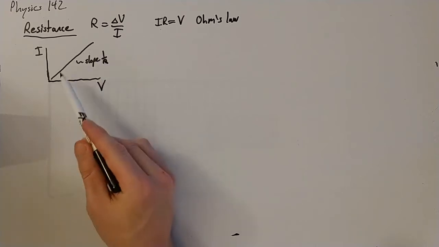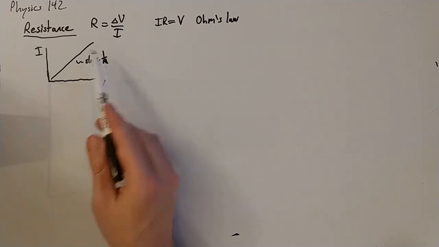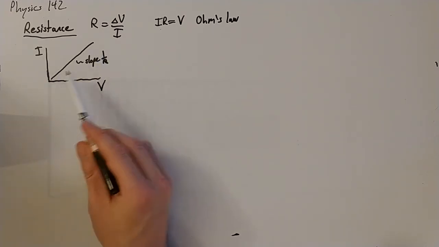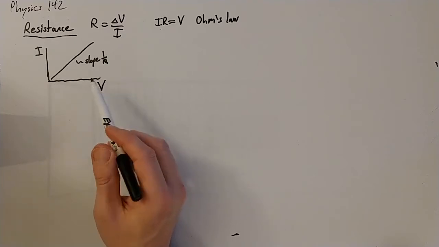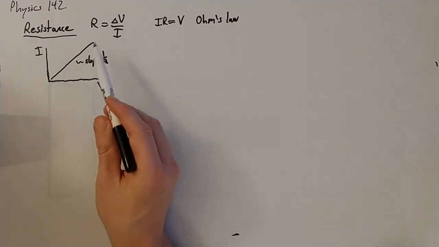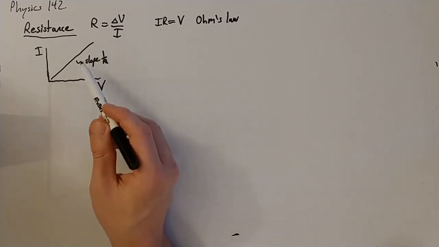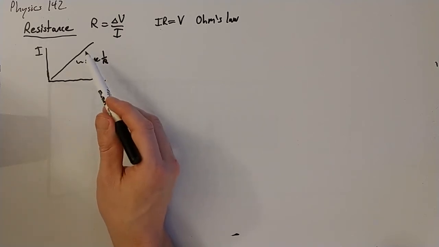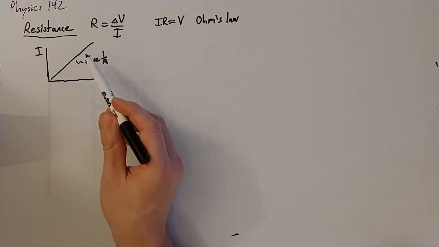And for a lot of devices, if you make a plot of I versus V, so the current at a bunch of different potentials, you'll actually get this nice linear relationship. If you get this linear relationship, we call this an ohmic device.